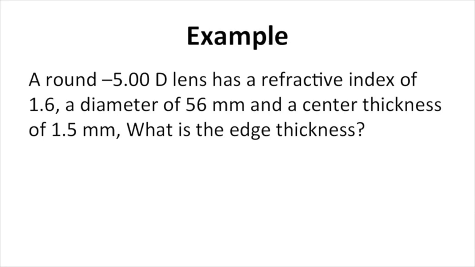And we want to ask ourselves, what is the edge thickness? So before you go on to the next slide and continue watching this, maybe you could hit pause and apply that newfound formula and figure it out yourself. So I'll be back when you hit play again.